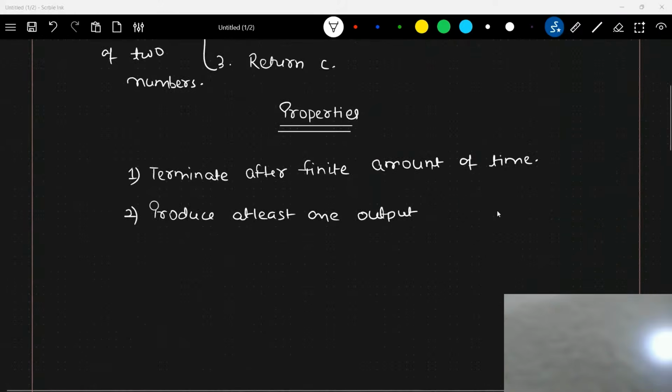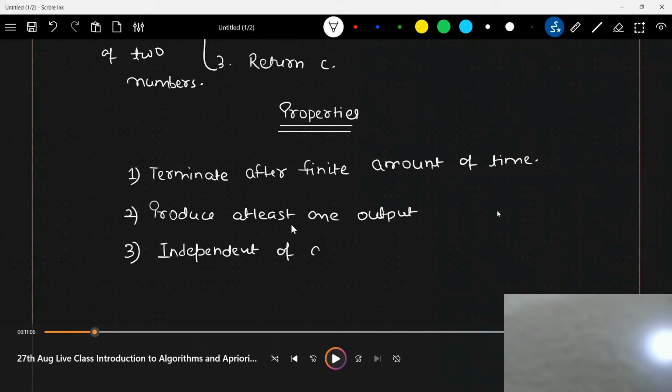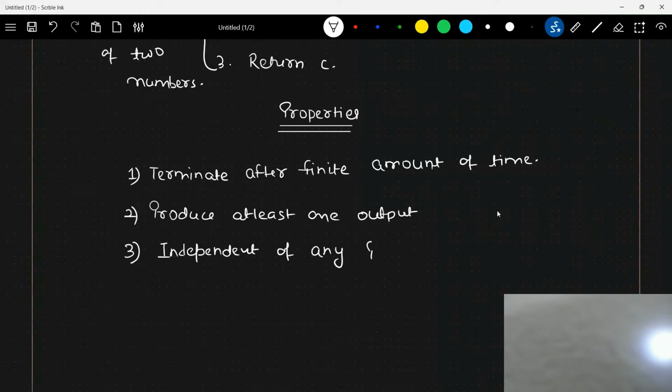The third important property is that it is independent of any programming language.